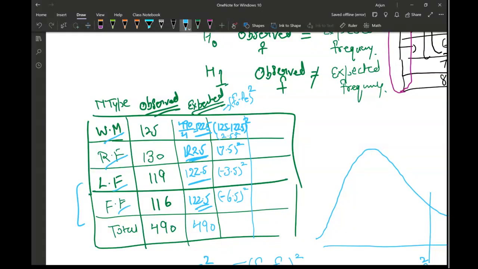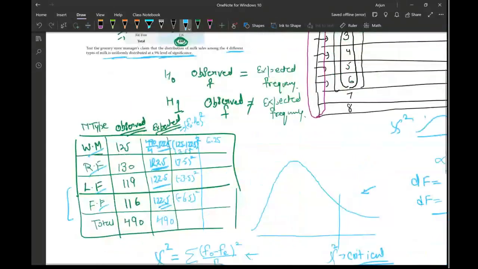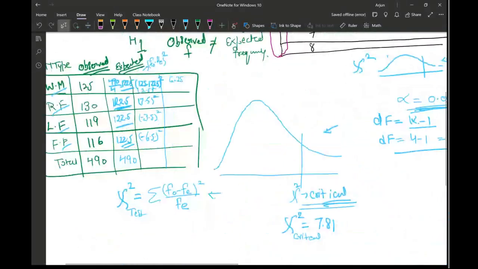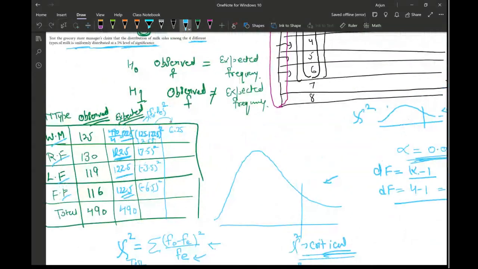So 2.5 times 2.5 is 6.25, and then I will add one more step to this formula, because the formula here is divided by FE. So whatever the value, you square it here and then divide it by FE also. Divided by FE is 122.5. This is FE. This was FO.